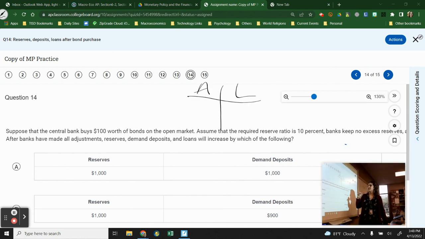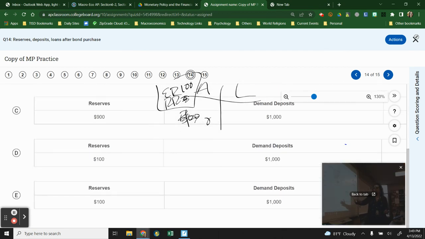Okay, here's bonds. There's 100. That's 100. Required reserves, excess reserves. I buy bonds. Bonds is now 0. I give you $100. All of that $100, because it's a bond, goes into excess reserves. Total reserves just went up by 100. It doesn't matter what was in here before because it just says reserves. So the total reserves went up by 100 because that was the money they received from the bond.